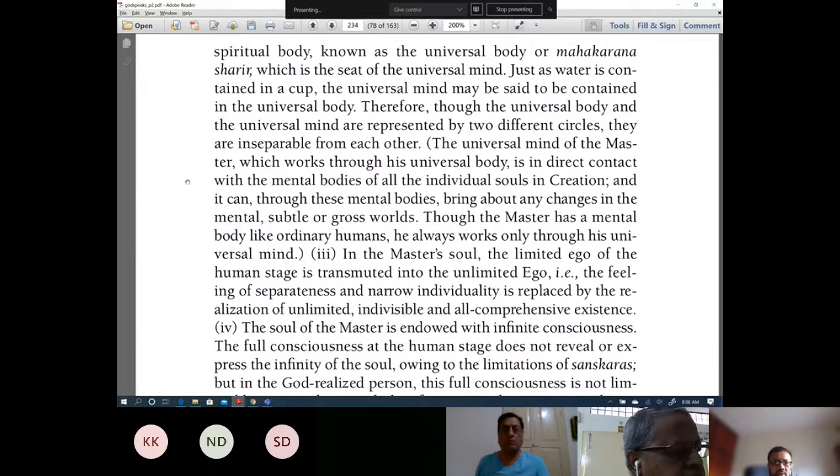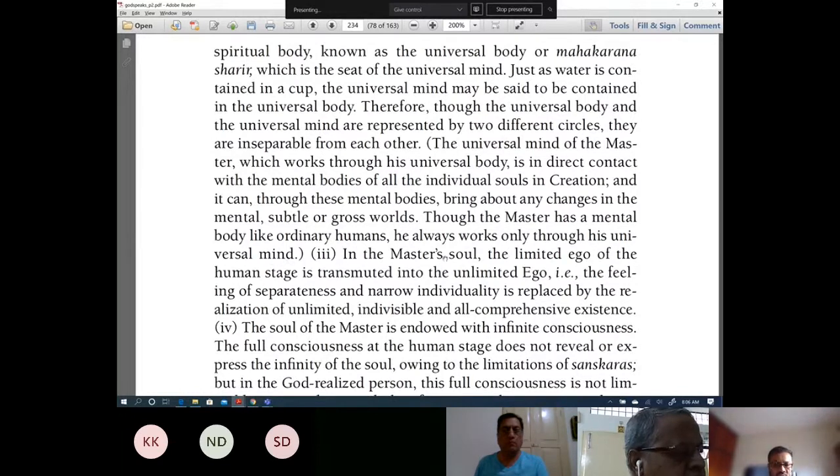The universal mind of the master, which works through his universal body, is in direct contact with the mental bodies of all the individual souls in creation, and it can, through these mental bodies, bring about any changes in the mental, subtle, or gross worlds. Though the master has a mental body like ordinary humans, he always works only through his universal mind.